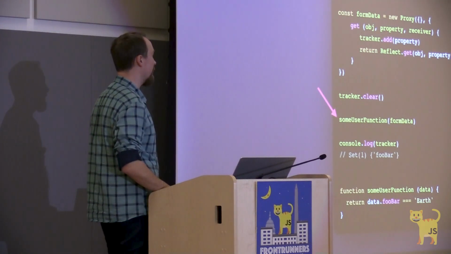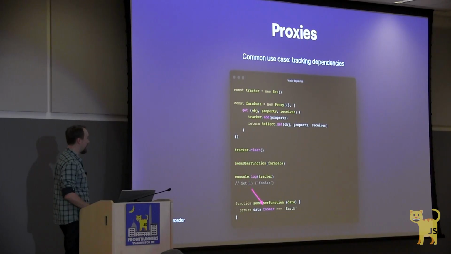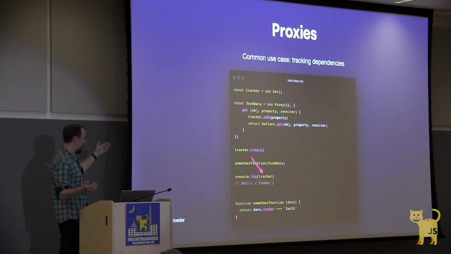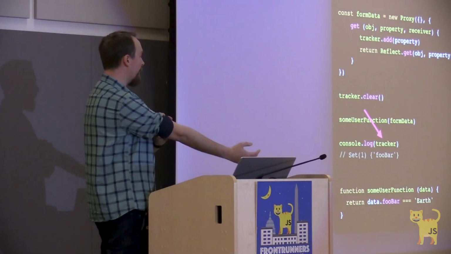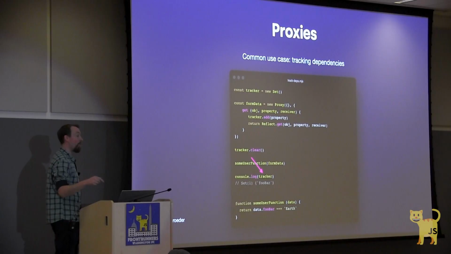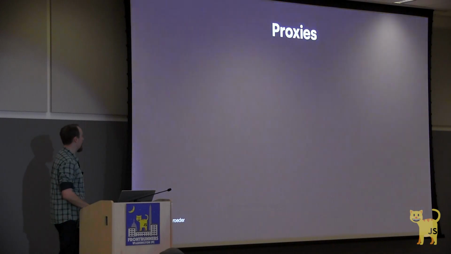We run the function, and then we see, here in our function, data.foobar got accessed. So when the function's done running, we ask, what got touched in that function? In this case, the only thing that got touched was foobar. So now we know not to run the user function again unless foobar changes. And we know when foobar changes because we have a proxy on it.